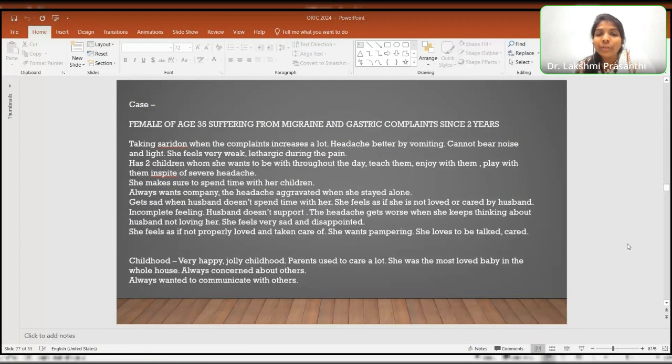If we focus only on those symptoms and convert them into rubrics, we will reach nowhere. You have to find the peculiar symptoms: where the complaint started, how it started, what her mental history is, how she's doing, any other observations, and how she behaves when she's having headache is important.